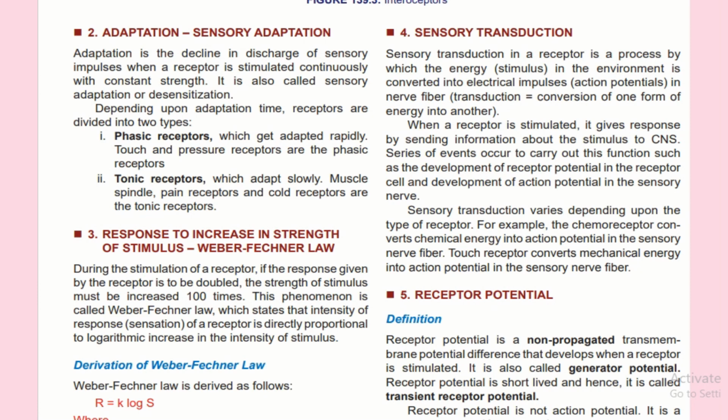Depending upon the adaptation time, receptors can be divided into two types, phasic receptors and tonic receptors. Phasic receptors get adapted rapidly, and touch and pressure receptors are phasic receptors. Then you have tonic receptors, which adapt slowly. Muscle spindle, pain receptors, and cold receptors are tonic receptors.